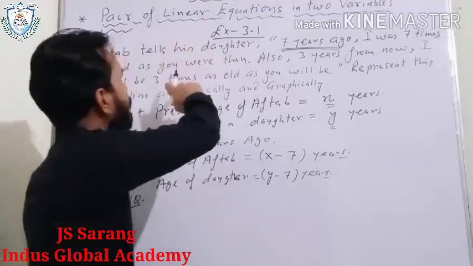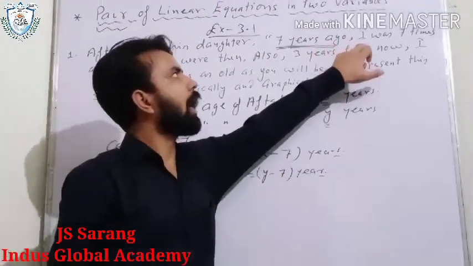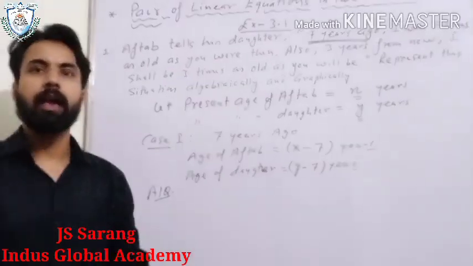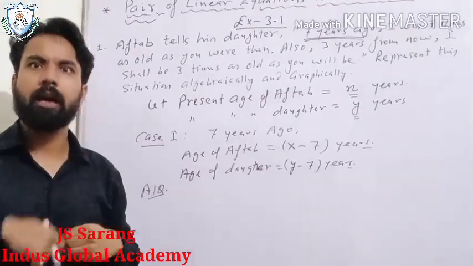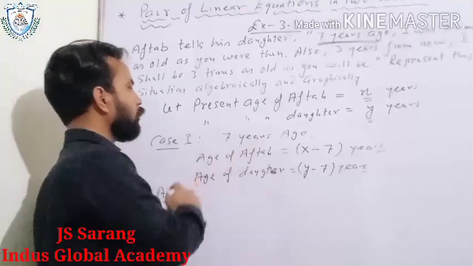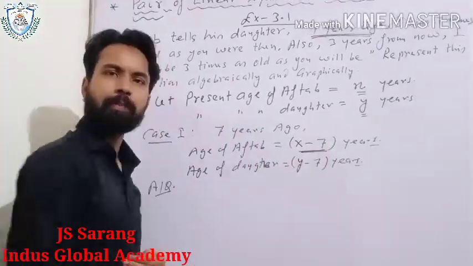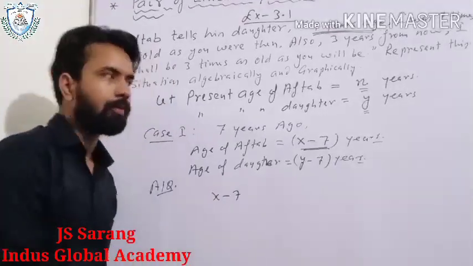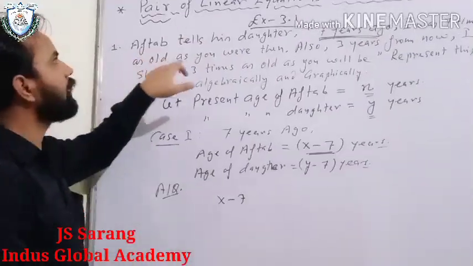Aftab tells his daughter 7 years ago, I was 7 times as old as you were then. I means Aftab. So 7 years ago, what was the age of Aftab? x minus 7. So x minus 7 means the age of Aftab was 7 times.